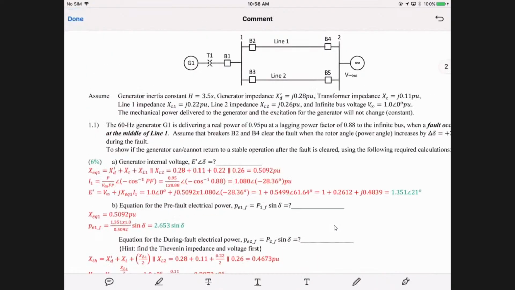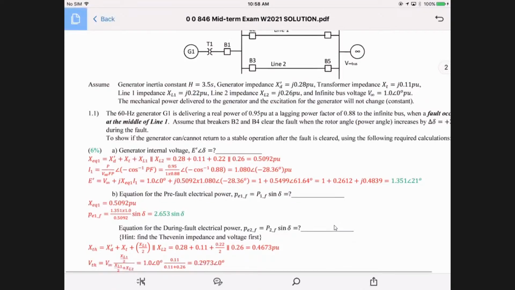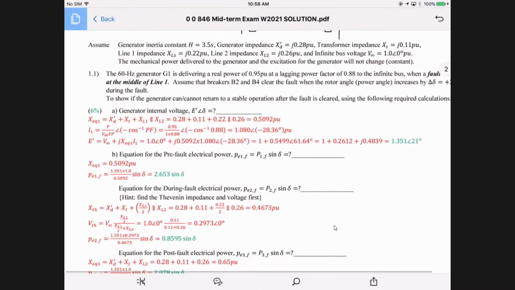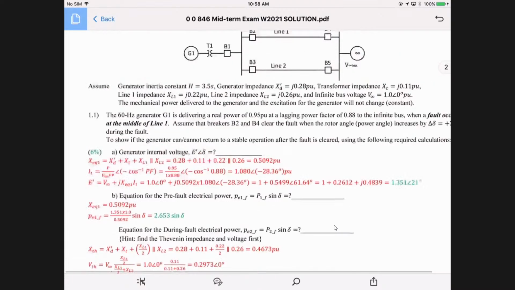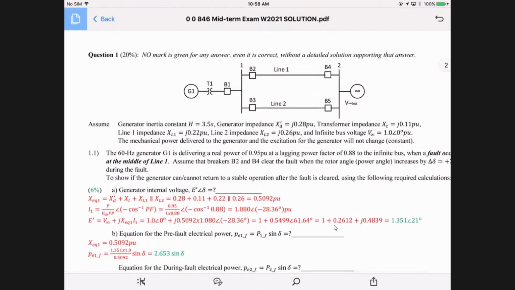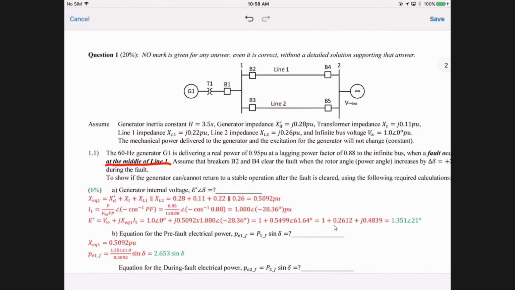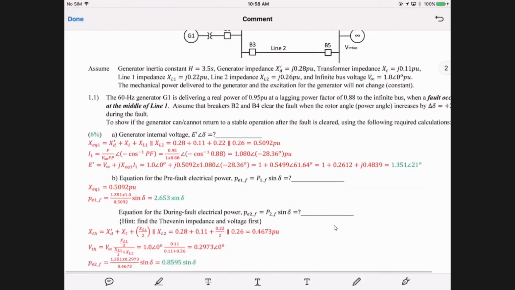Okay, let's read the question. At the middle of the line, a fault occurs in the middle of line 1. So how do you get it?